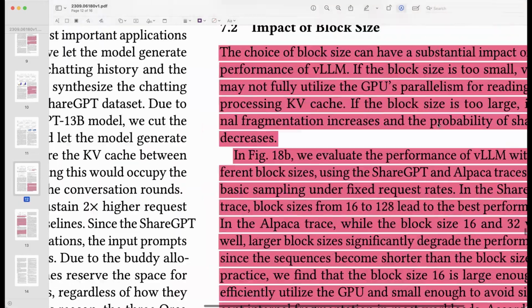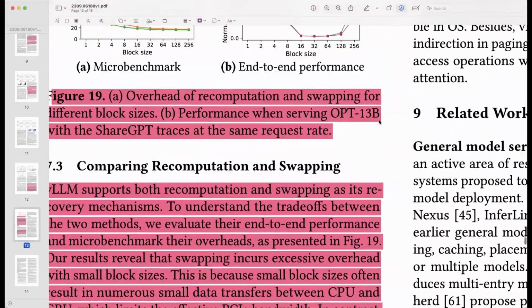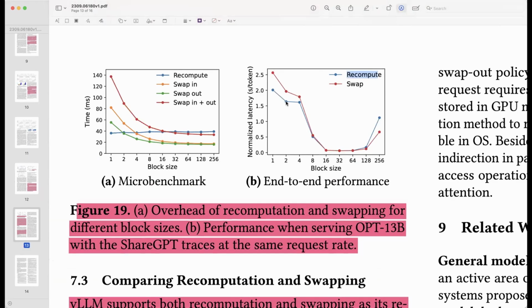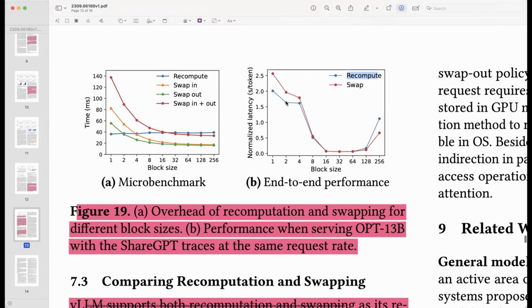I didn't have an intuition as to why the small ones would be higher. The small ones, on figure 18 or on figure 19? Well, both of them have that kind of downward curve in the beginning between 1 and 16, I think. Although maybe they're different units. Sorry, this is block size, but the other one was sequence length.